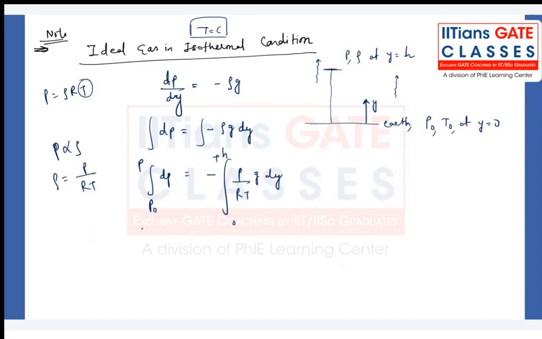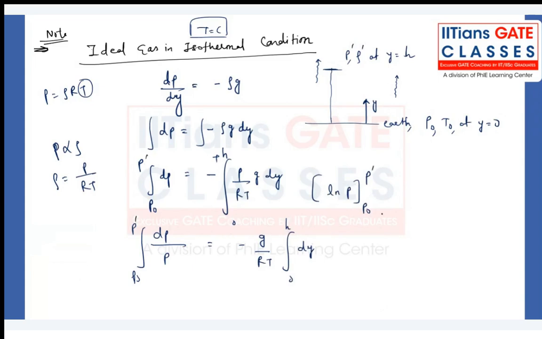So we have to perform dp by p from p naught to p equals minus g by RT, which is constant, dy from 0 to h. So log of p, from p naught to p dash, equals minus g divided by RT into h.